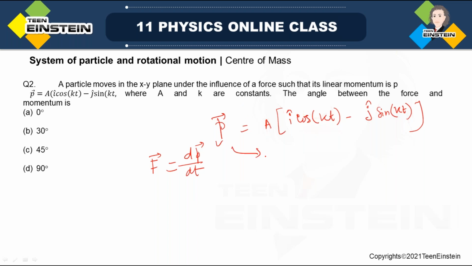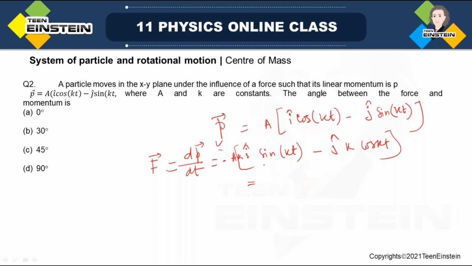Now if we calculate the force over here, we'll get a i cap as it is, cos will give a minus sign, along with k multiplied over here. Similarly this will be minus j cap, k will be there, then this will be cos of kt, and a is common for both.